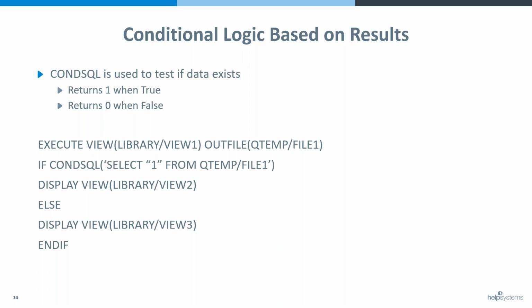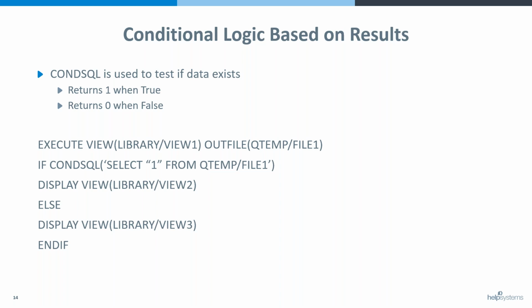And we can do that in the scope of a script using the condition SQL command, which is a very straightforward command that will query a file, and we're kind of hard coding it, so we return a 1 if there's records and not a 1 if there are no records.